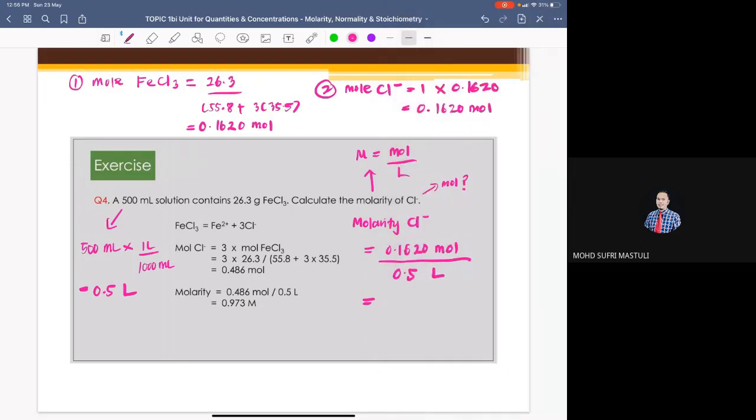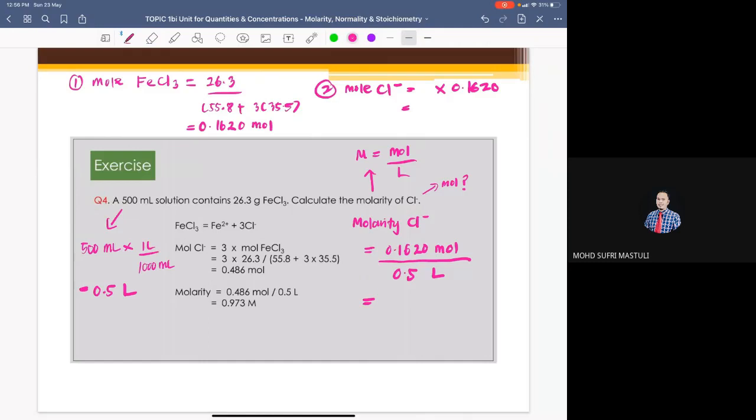Oh, sorry, some mistake here because this is Cl3, 3 Cl in this formula. So you have to change this one.